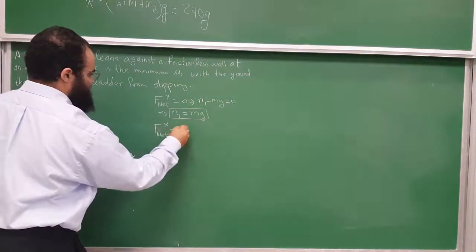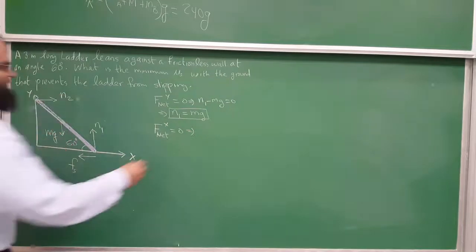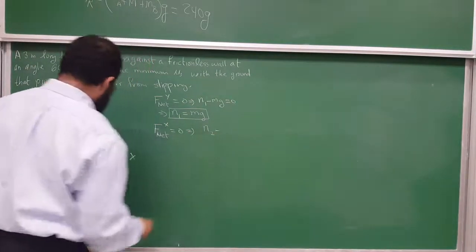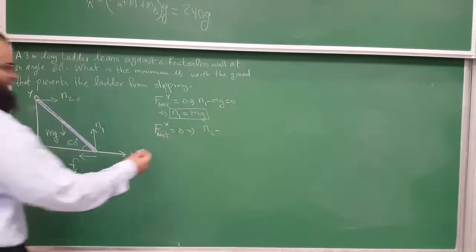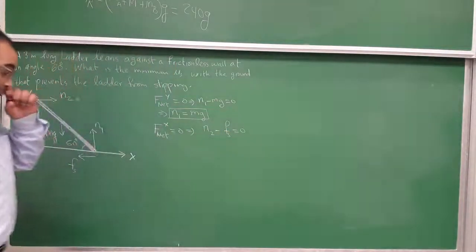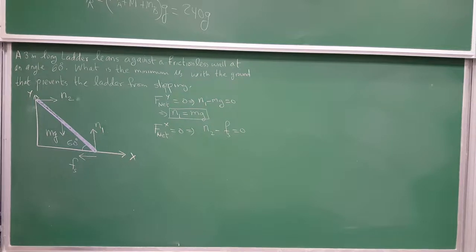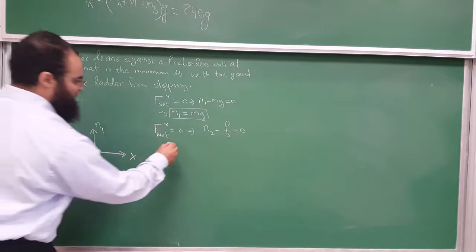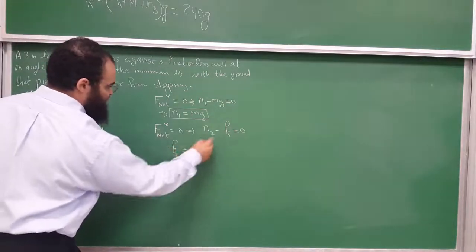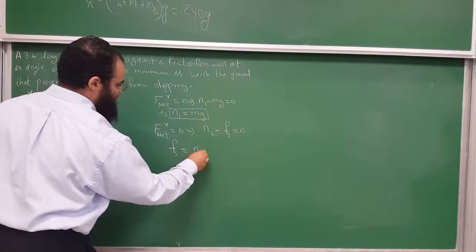In the x direction we have N2 to the right, that's positive, minus the force of static friction to the left, that's negative, equal to 0. Now, if we've reached the maximum force of static friction, then this equation gives us the force of static friction equal to N2.